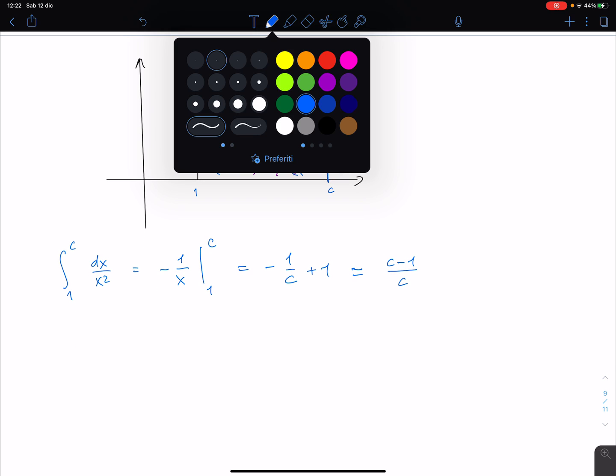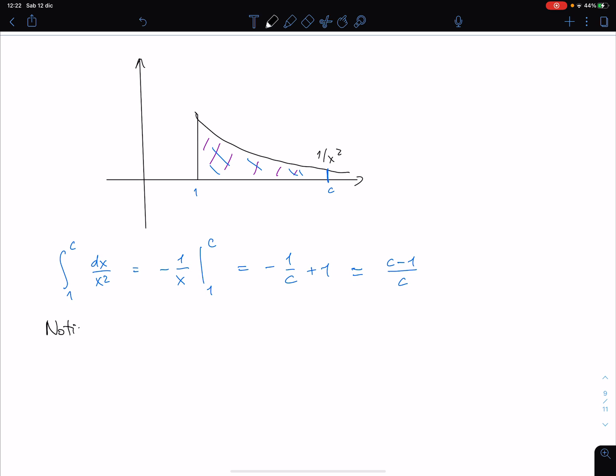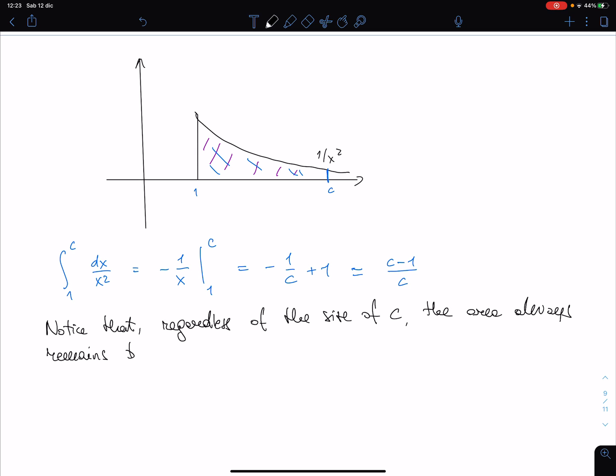Notice that regardless of the size of c, even though c may be 1 billion, 1 trillion, extremely large, the area always remains bounded by 1.